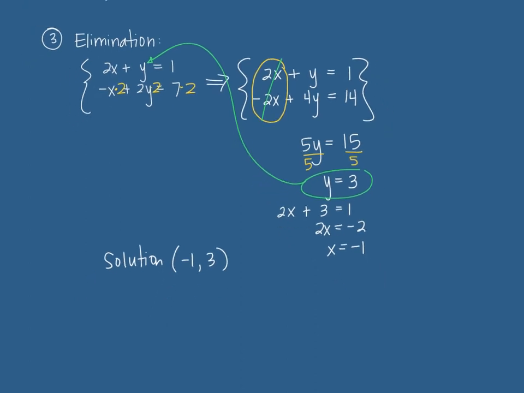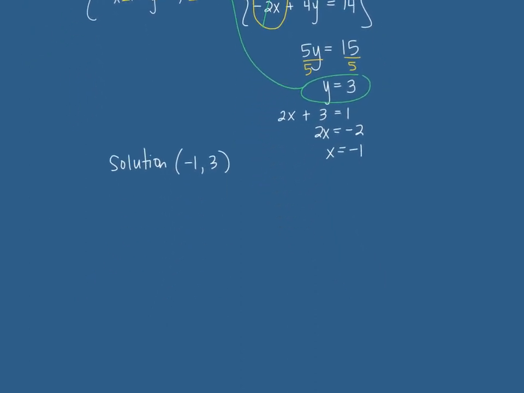Okay, our very last example is one other elimination system. And what I want to look at with you is 3x minus 12y equals 8, and 4y minus x equals 1. Now, one thing I need you to notice about this elimination problem is that the second equation is out of order. So you do want to make sure that the variables are in the right order before you start trying to eliminate.